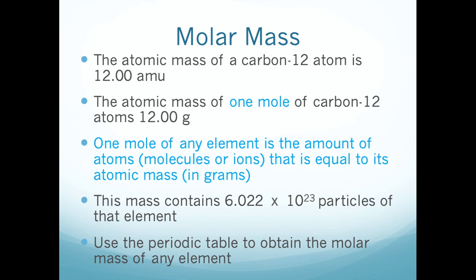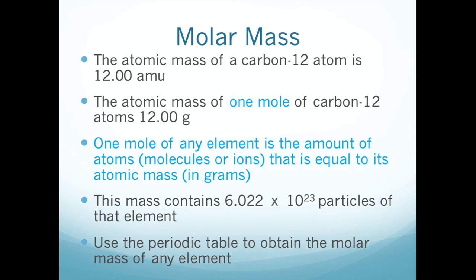Okay, so I mentioned earlier that one of the really convenient things about dealing with moles here is being able to relate it to the mass of something in grams. Okay, and to be honest with you, we're dealing with this pretty much the same way as we did with atomic mass units. We can use the average masses in our periodic table for our elements and get a conversion factor that deals with grams into moles.